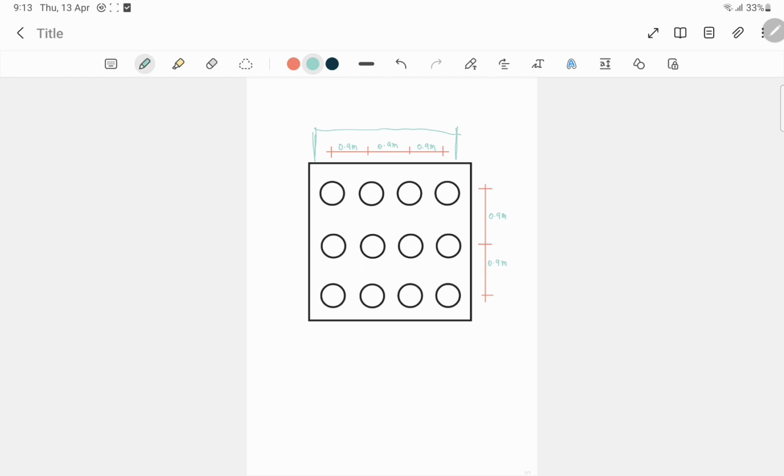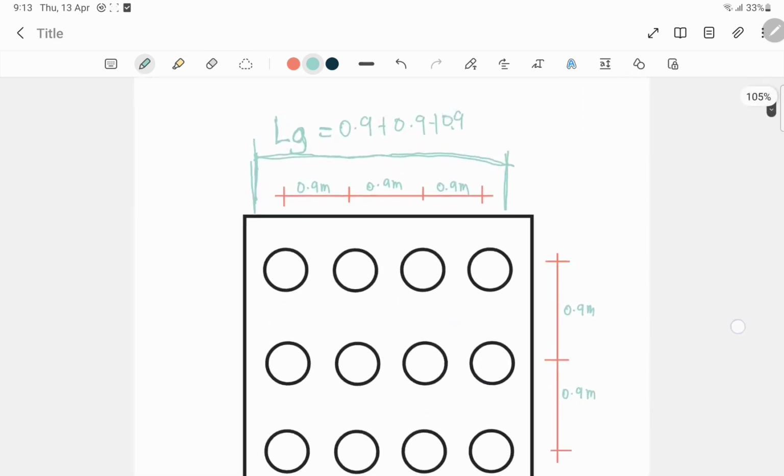Okay? So, this length, this is what we call the LG. The LG is just 0.9 plus 0.9 plus 0.9 and half of our diameter. Right? The diameter of our pile, so half each, this one and this one.